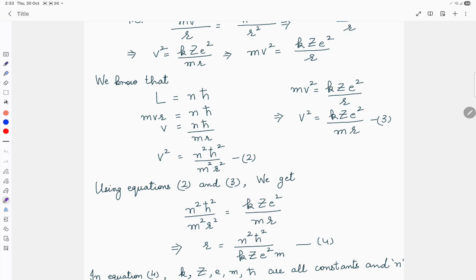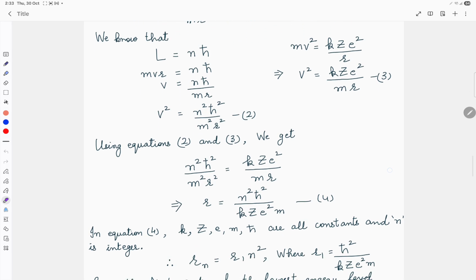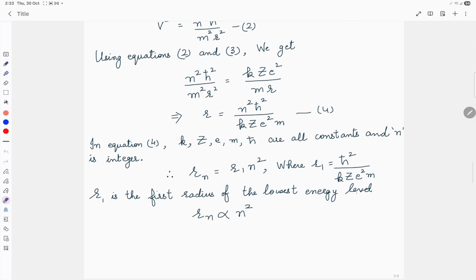So just equate these v square terms. So on the left hand side you will get n square h cross square by m square r square, and on the right hand side you will get this term. From here you can calculate the value of the radius. So this is your radius. Now all the quantities like k, Z, e, m, h cross, they are all constants.